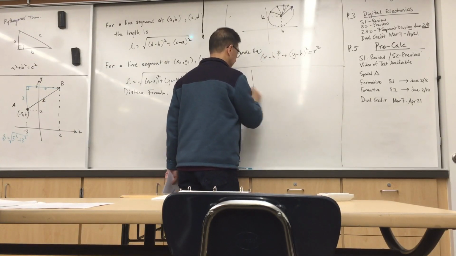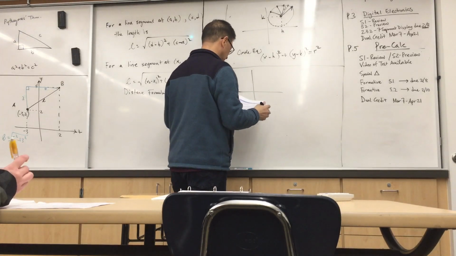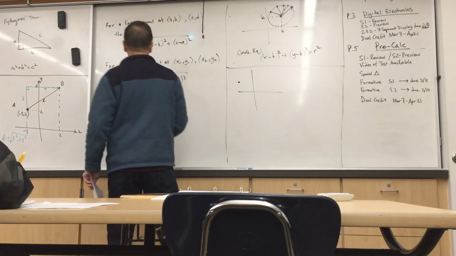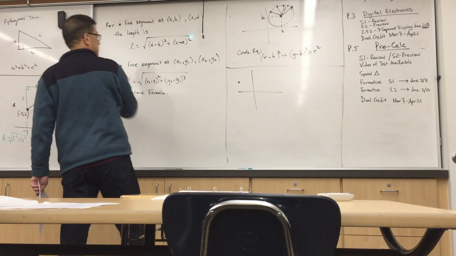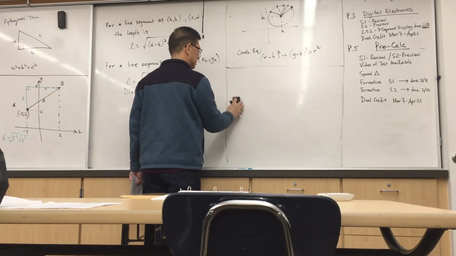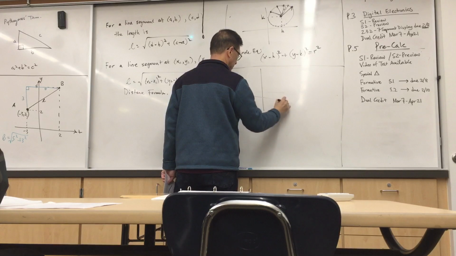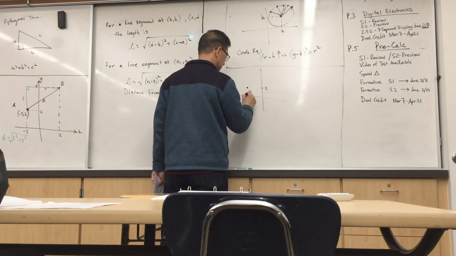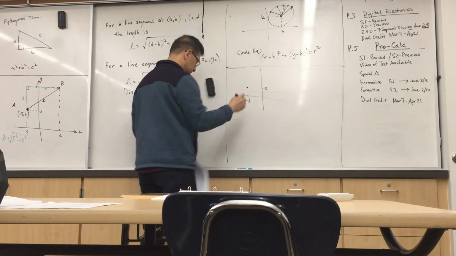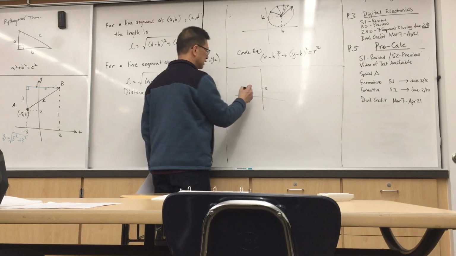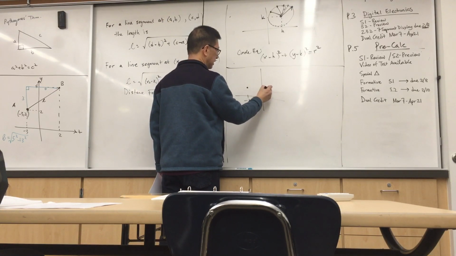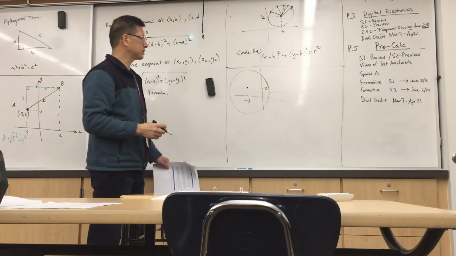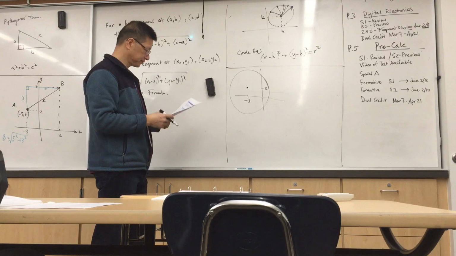So if you have, let's say, this is 2 and this is minus 3. So if I have a circle with radius 4, something like this, what's the equation of that?